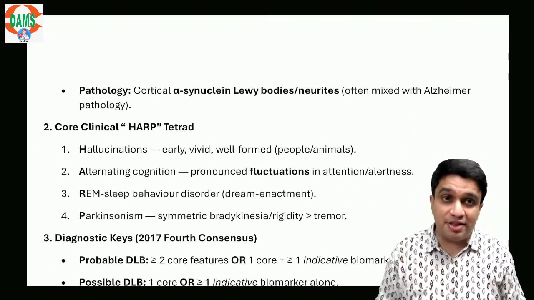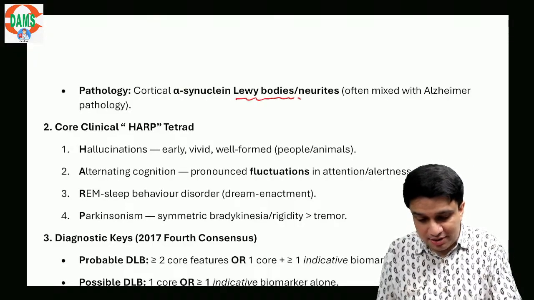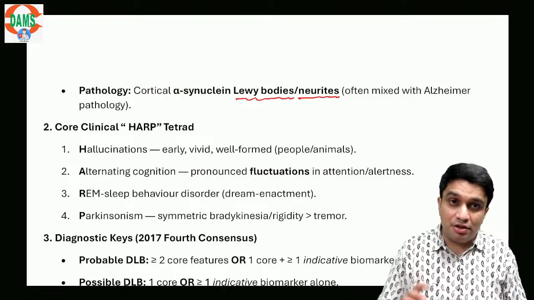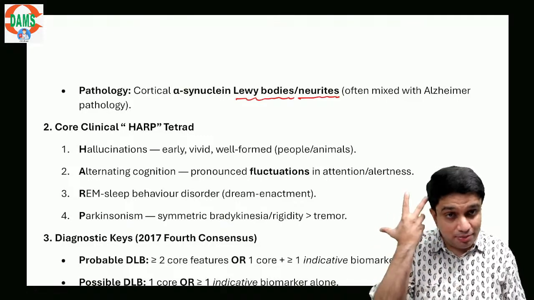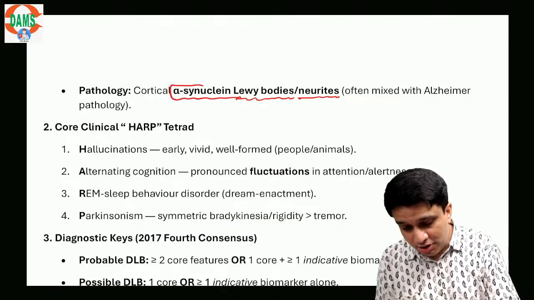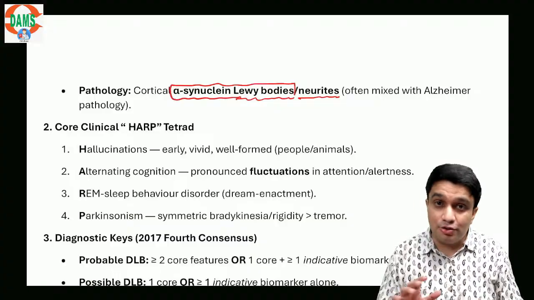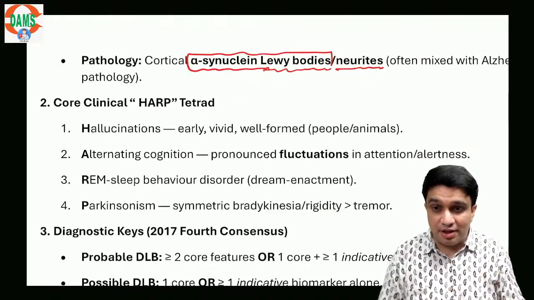What do you find inside the brain? Alpha-synuclein Lewy bodies and neurites are seen. Now these degenerative particles, you might sometimes confuse with Alzheimer's also. But what is pathognomonic here is not tau protein, it is alpha-synuclein Lewy bodies. And this is the core clinical feature given in our higher books.